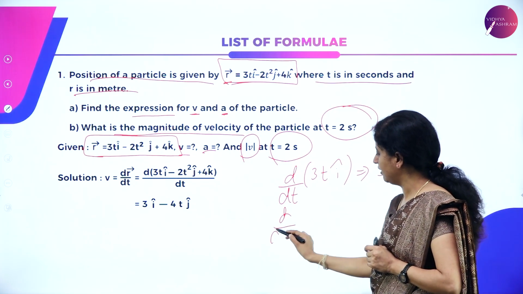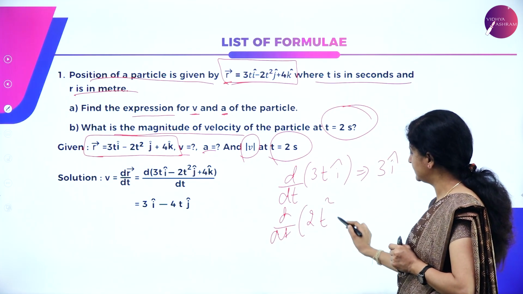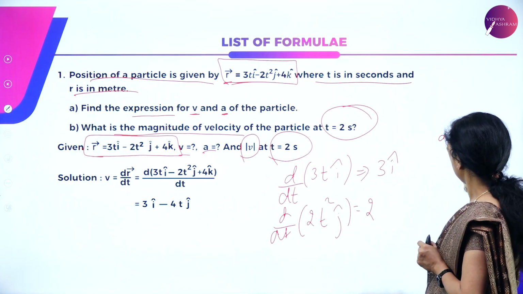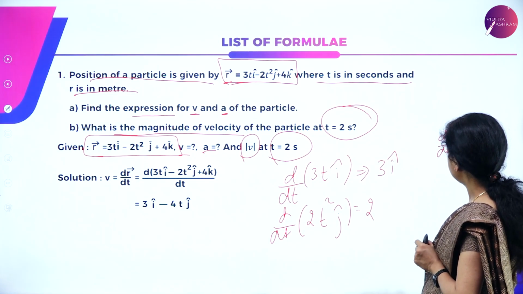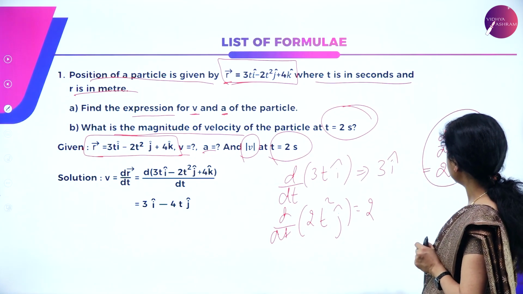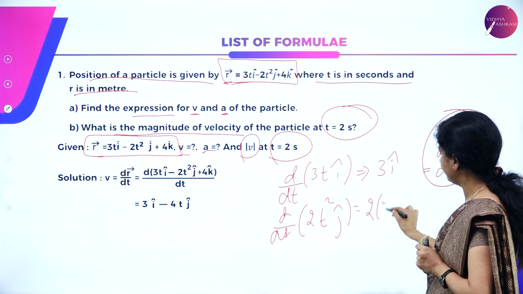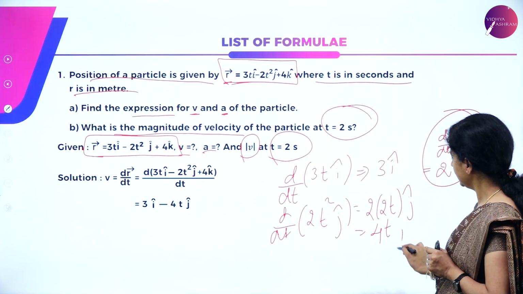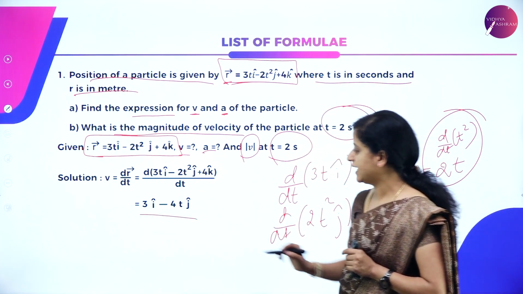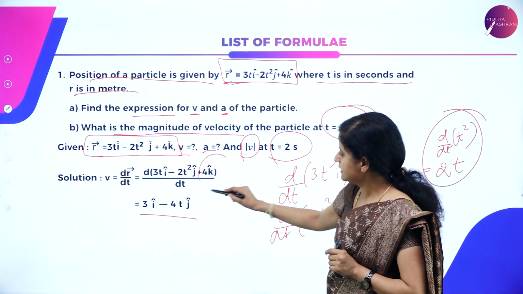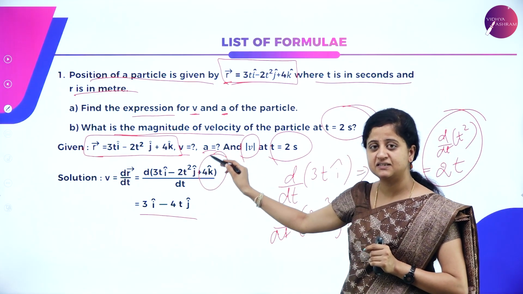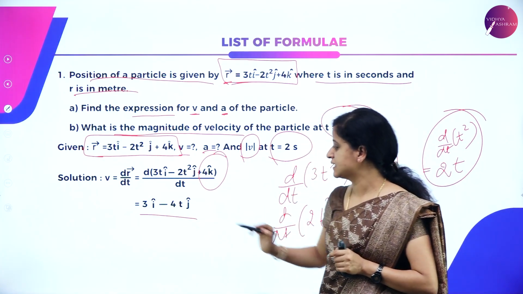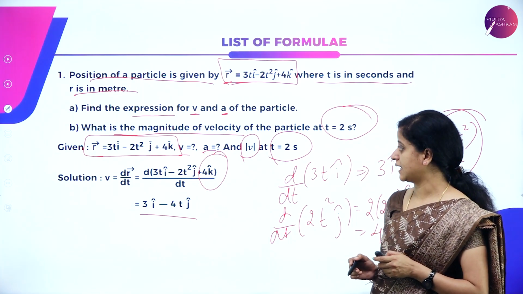Next, d by dt of 2t square j cap: 2 is constant, take it outside, and d by dt of t square is 2t, so 2 into 2t is 4t j cap. So you get 3 i cap minus 4t j cap. In the last term, we do not have any t, so this entire term becomes 0, and we get velocity is 3 i cap minus 4t j cap.